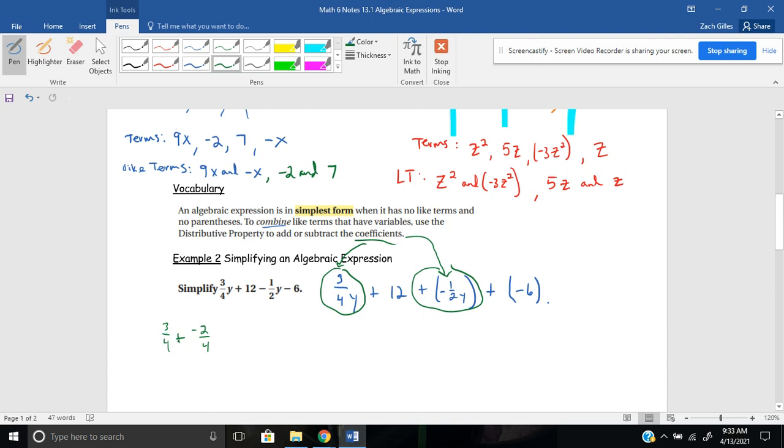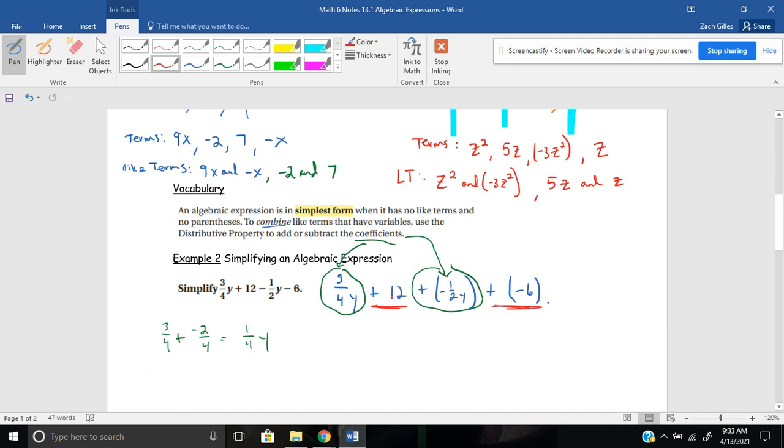Okay, 3 plus negative 2 is 1, and then 4/4, I'll keep my common denominator. So 3/4 y plus negative 1/2 y would give me 1/4 y. So I've added those two like terms together. And I also have one more set of like terms. I have this 12 being added to this negative 6.